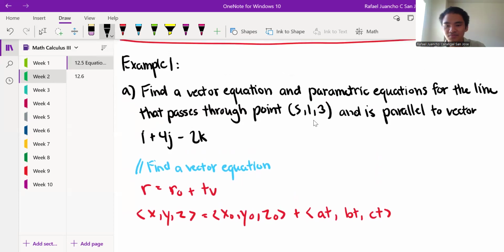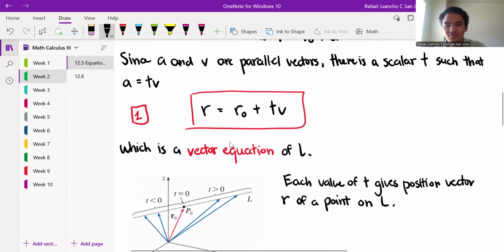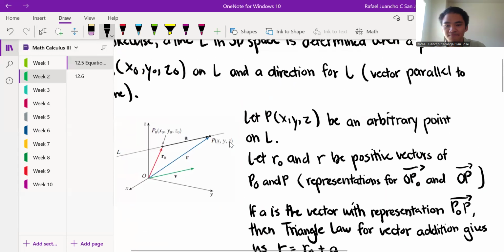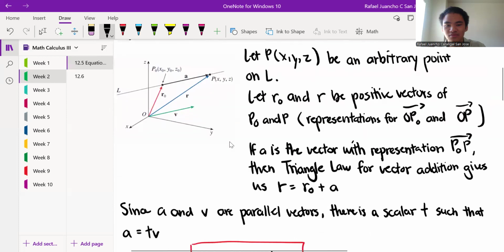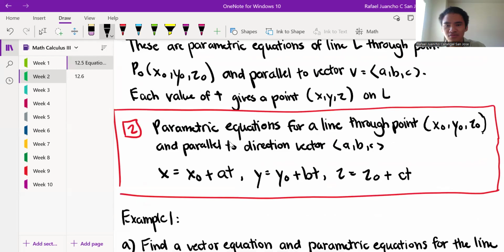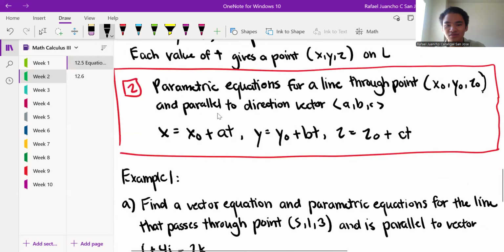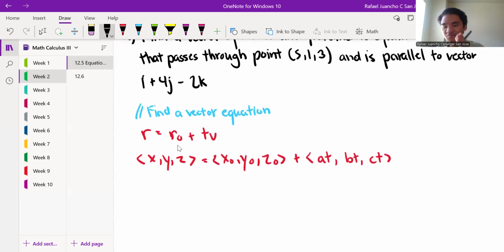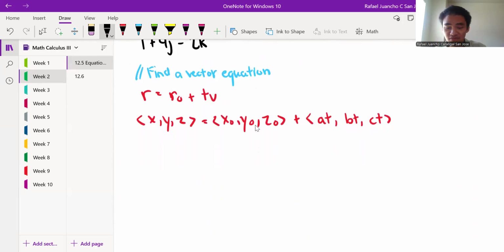Okay. So here we say that 5, 1, 3 is our initial point. Yeah, it passes through the initial point. R naught is a vector pointing to the initial point. It's actually a position vector.